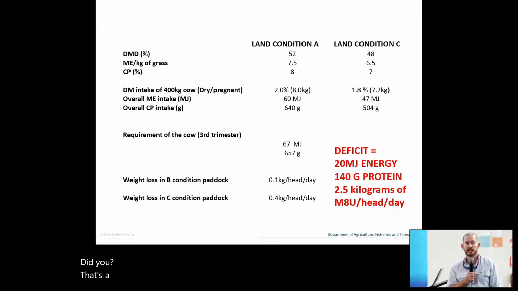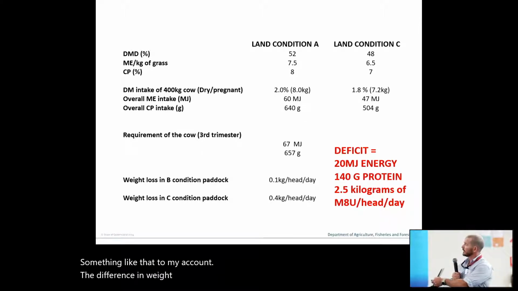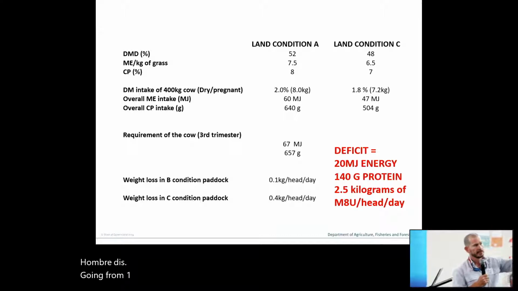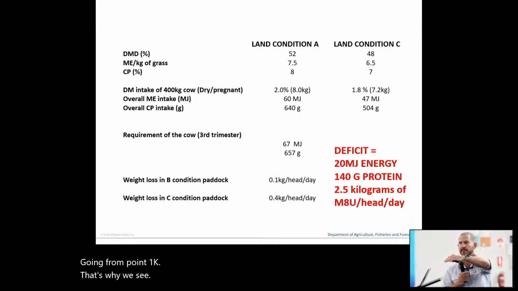And that's what you would need to input, something like that, to make up for the management errors that you've made. Okay, and the difference in weight loss on breeders, you're going from 0.1 of a kilo per head per day weight loss to 0.4. And that's why we see late pregnant, lactating cows drop condition very quickly on low condition paddocks.